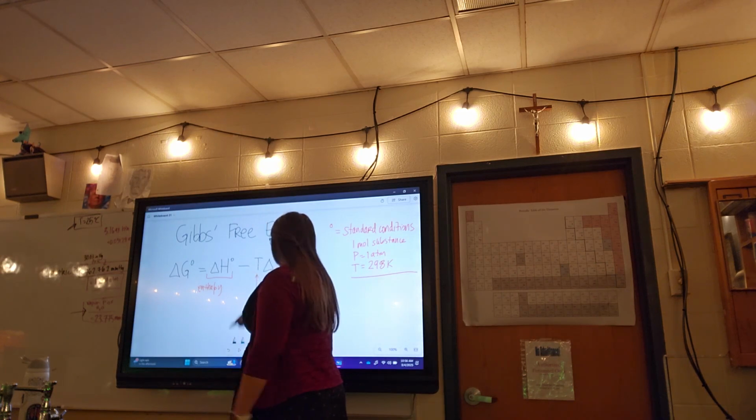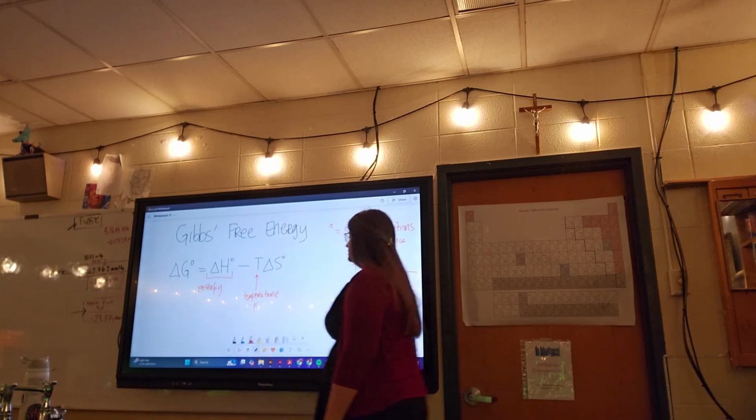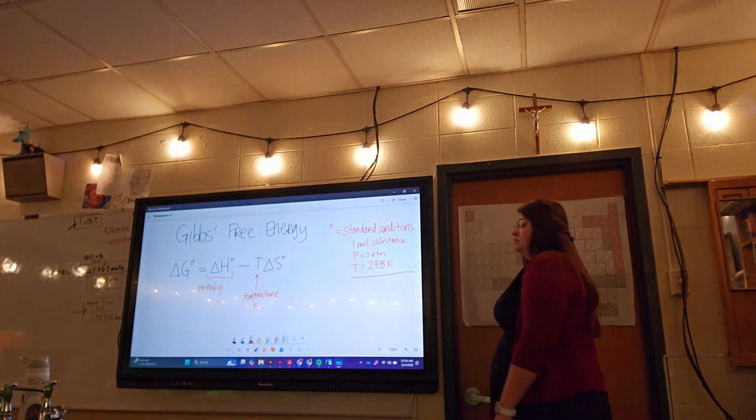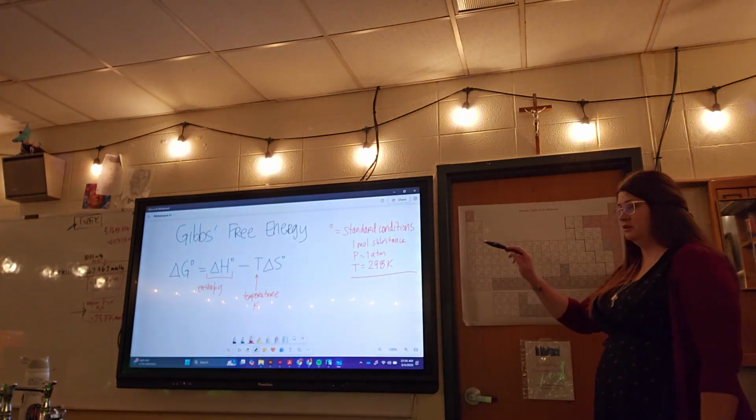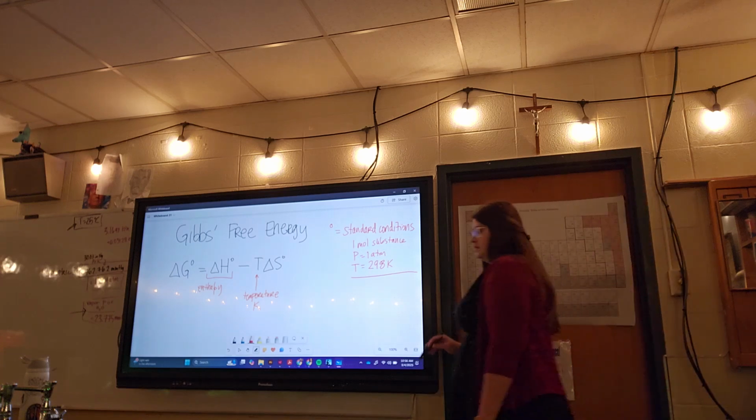Another thing that is known to us, T equals temperature. And most of the time, we need to be using Kelvin as our unit. That really depends on what unit you're using for the other variables, but it mostly always is Kelvin.